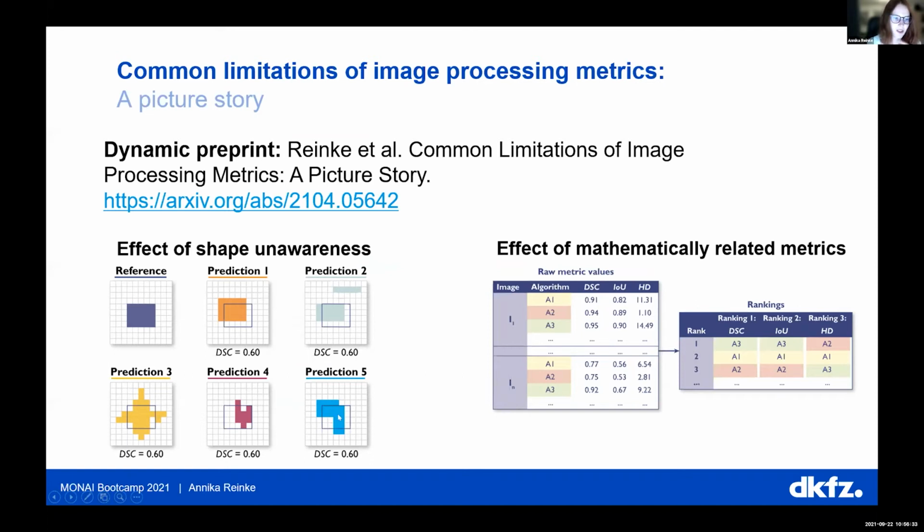So all of these shapes lead to the same dice value, although they look quite different, or the effect of mathematically related metrics. And we're currently working on extending it to classification and detection. And if you want to look at it and know some other important limitations, we're always happy to give co-authorship to substantial contributions.